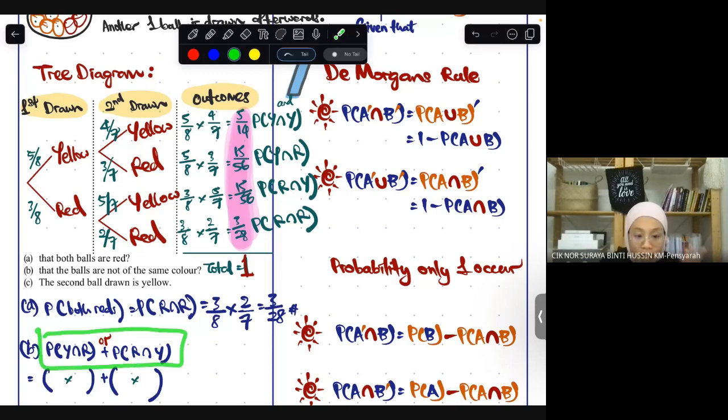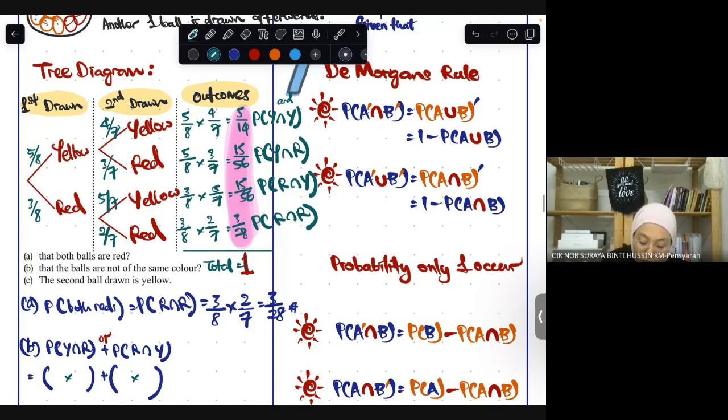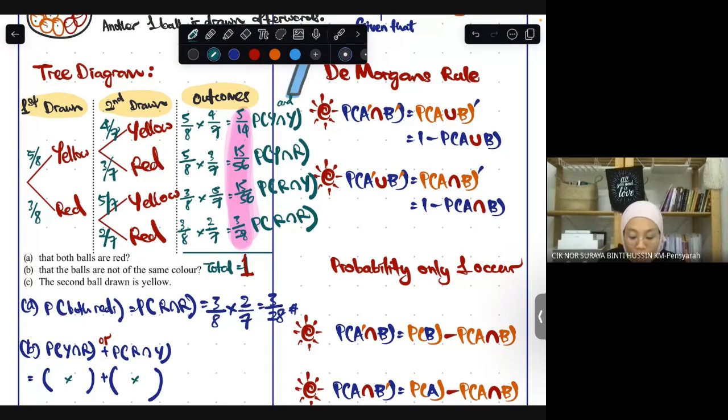Finding the probability of yellow first then red, or you get red first then yellow. And "or" means plus. In mathematics, "or" means plus. So what you have to do is just take the probability that you already found from the outcome here. That's why I like to write here. Writing in the tree diagram is clearer.